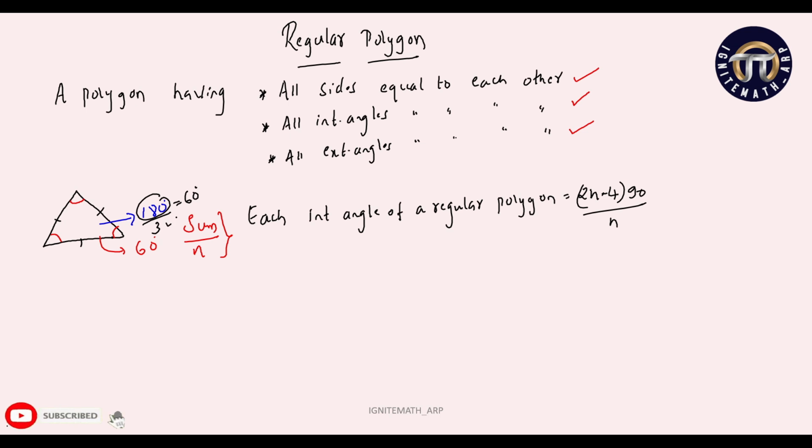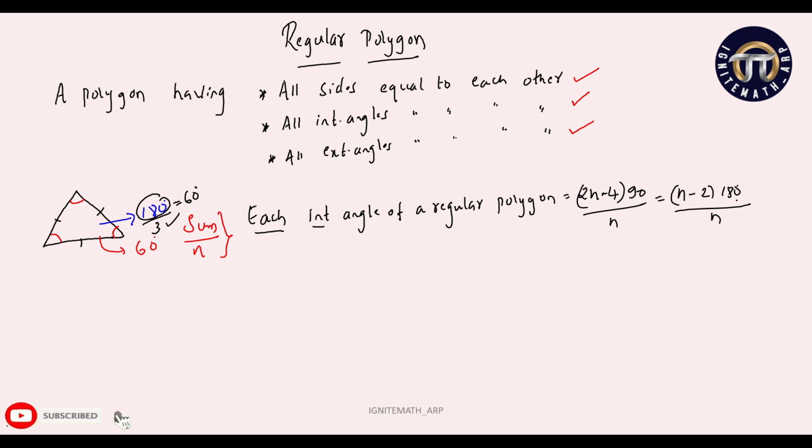The sum is divided by the number of sides. So similarly over here, (2n minus 4) into 90 is the sum of interior angles that should be divided by the number of sides in the polygon, and that will give you each interior angle of a regular polygon. This can also be written as (n minus 2) into 180 divided by n. So this can also be the formula to find out each interior angle of a regular polygon.